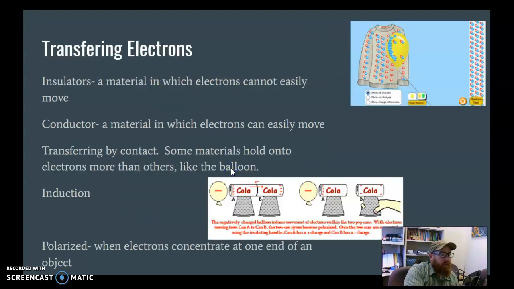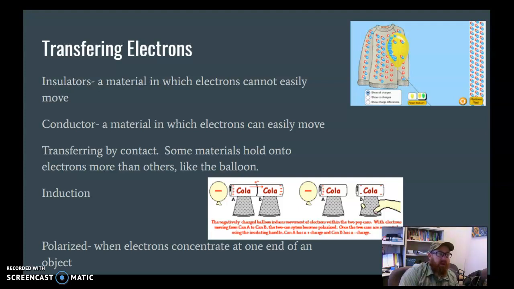All right, so we transfer electrons lots of different ways. You probably have seen insulators and conductors. If you've ever looked at an electrical cord, they have plastic around the outside and metal on the inside. They do that because the plastic is an insulator. Insulators are materials in which electrons cannot easily move.